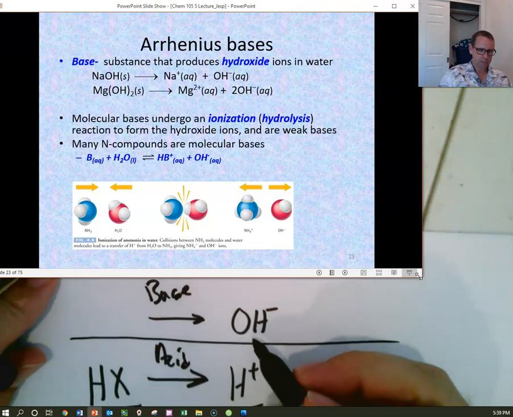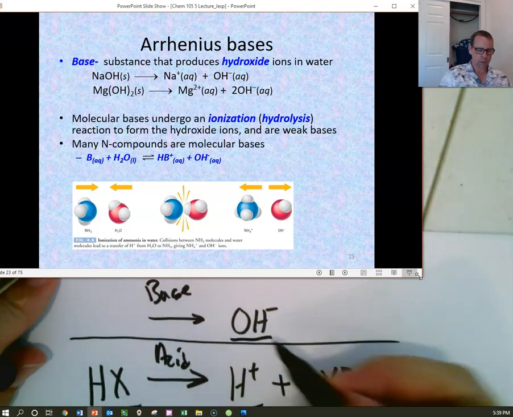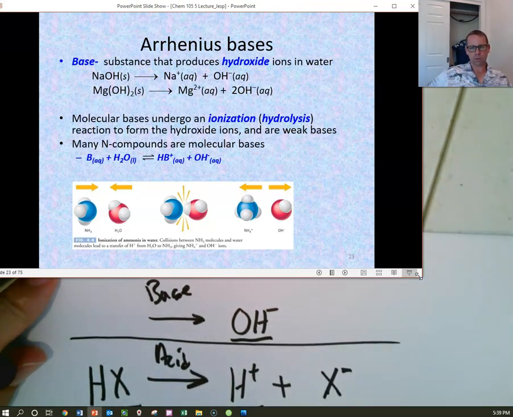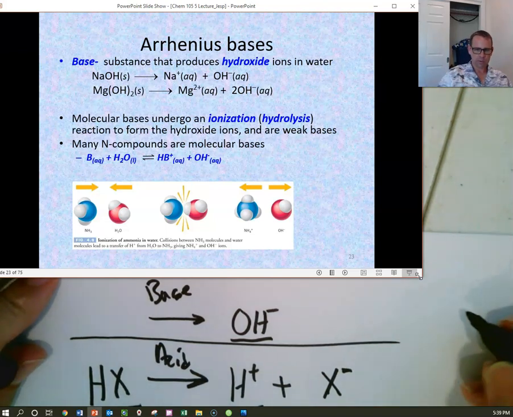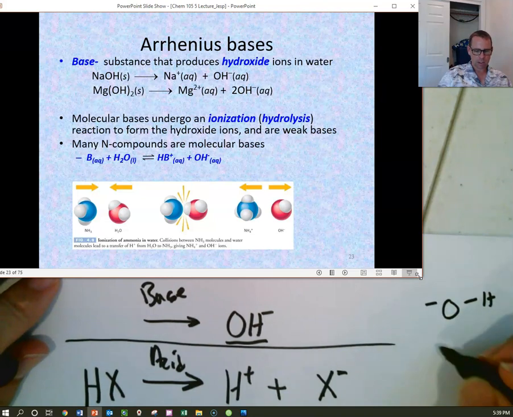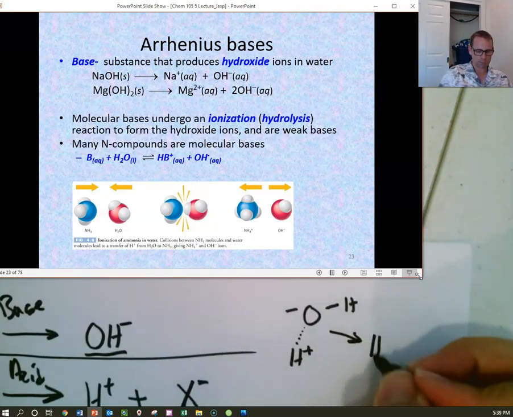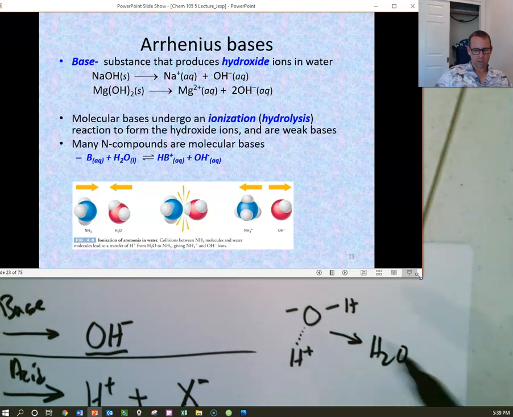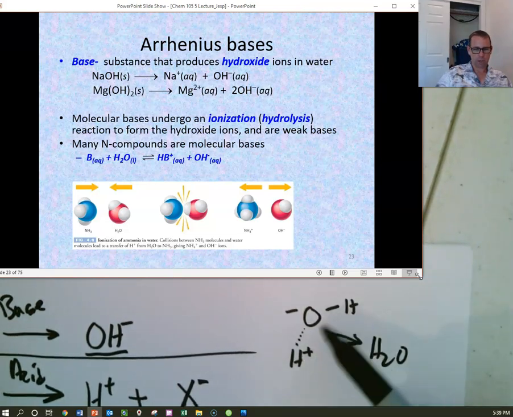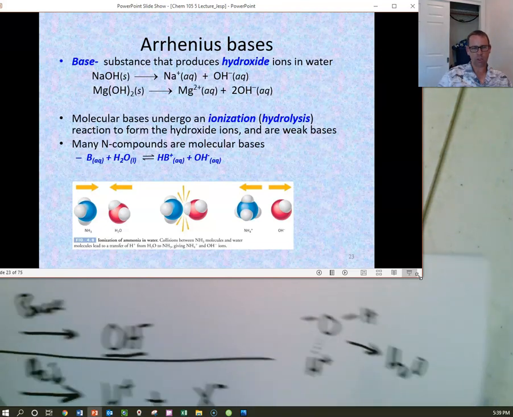A base, you put it into water, and the hydroxide ion results. And hopefully you can visualize how the hydroxide ion and the hydrogen ion can come together. They can form a bond and form water, right? The hydrogen ion and the hydroxide ion are just two parts of a water molecule that have been broken up.